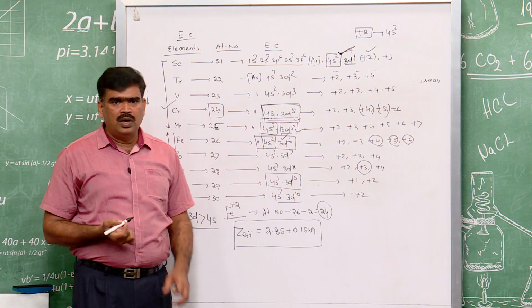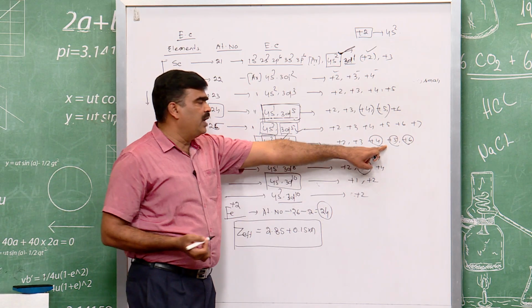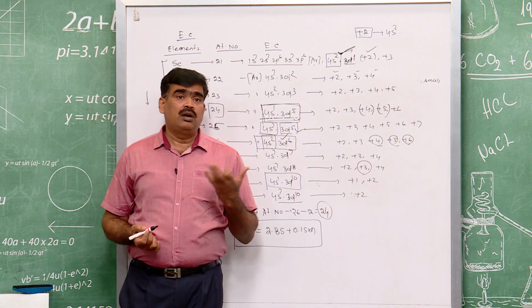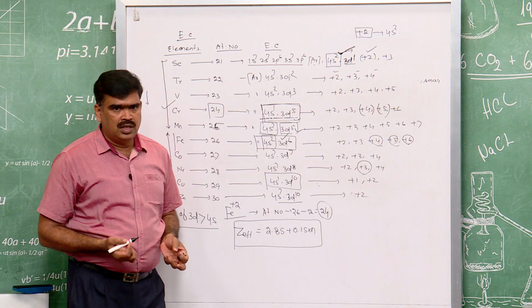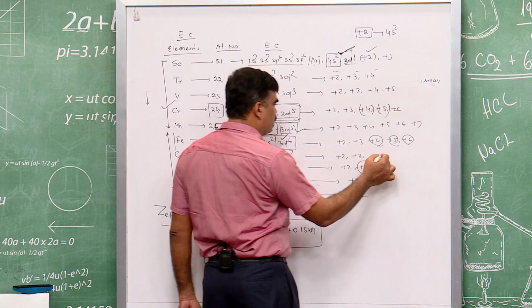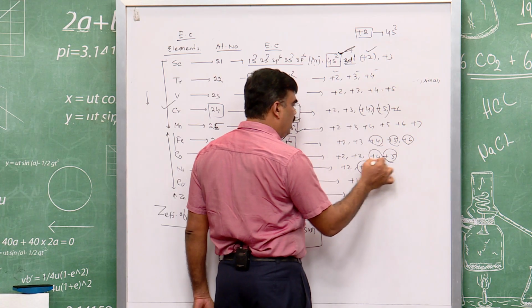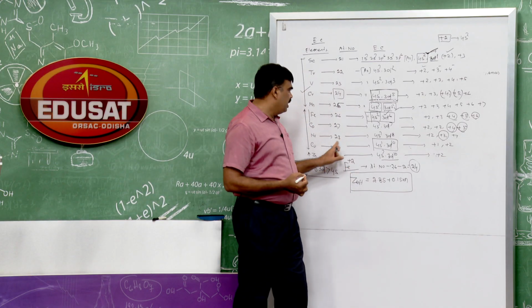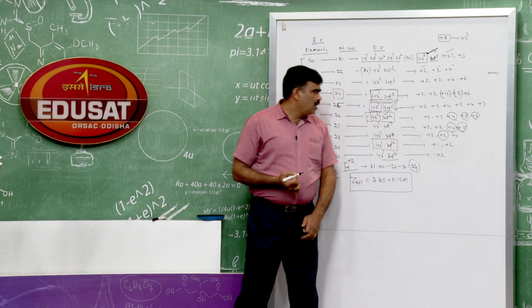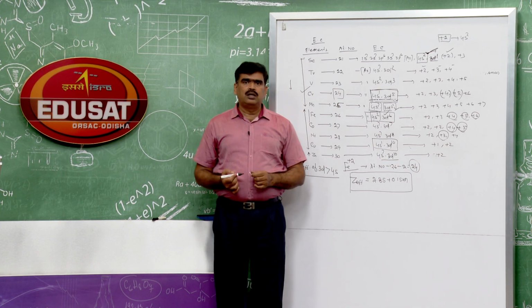They are highly unstable. Iron can show +4, +5, but these compounds cannot exist in this oxidation state, right? And in case of cobalt, you have +2, +3, +4, +5, so these are highly unstable. And in case of nickel, it is +2, +3, +4, +3 is unstable, and the remaining oxidation states of copper and zinc are stable.